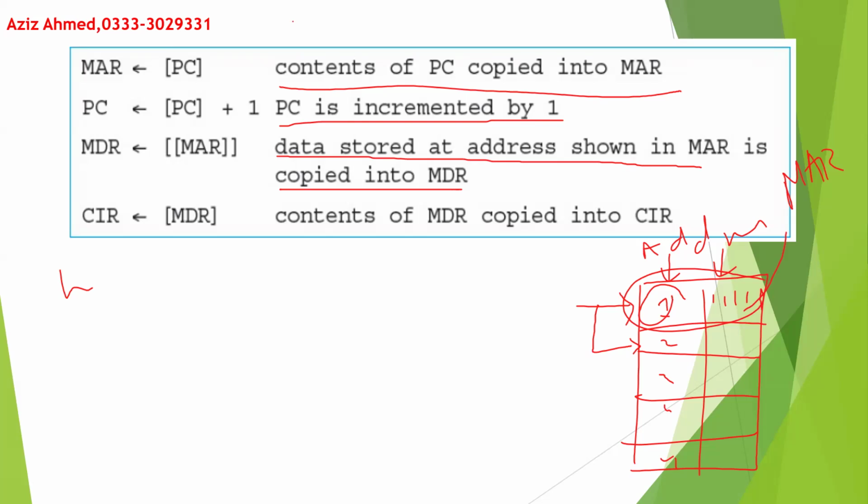Now data stored at the address shown in MAR is copied into MDR. Whatever MAR is holding, it will copy into MDR. And after MDR, the content of MDR is copied into CIR, the current instruction register.